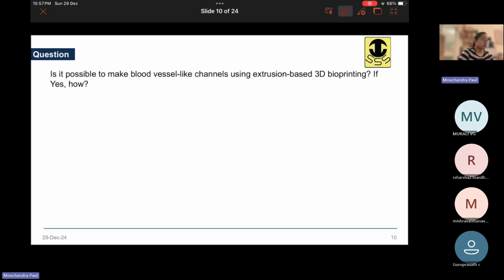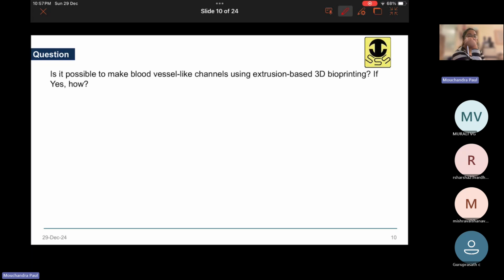Yeah, you can. Can you explain how you can use it, so that others will also learn more about it? It has two channels through which two different types of bioprinting material can be extruded, and that will be managed by the software we are using, and we can make the vessel in a coaxial manner so that we can get these blood vessel-like channels.